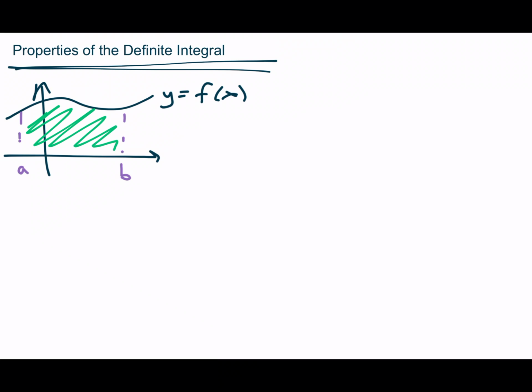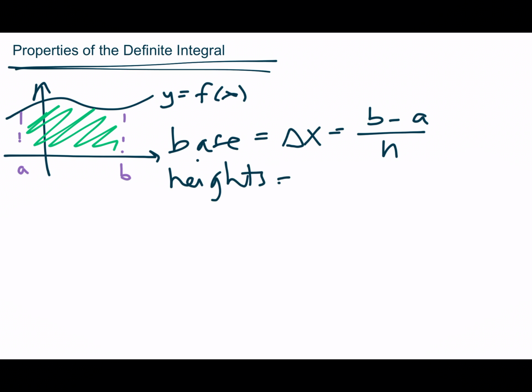Okay, and the way that we did it was we cut it up into subintervals and we found the areas of each rectangle. And the base of each rectangle was a delta x. And we found delta x by doing b minus a over n. And then the heights of the rectangles were the heights of the function at different endpoints, f of x sub i.